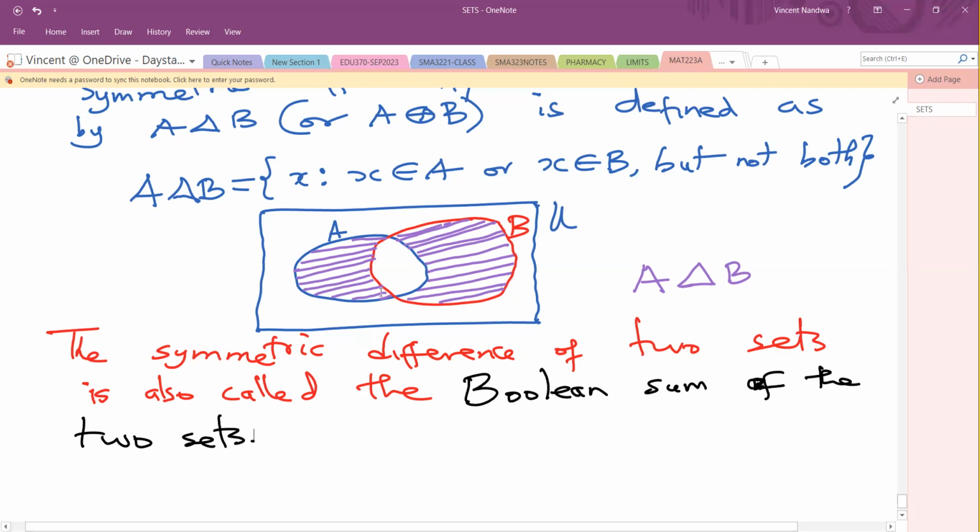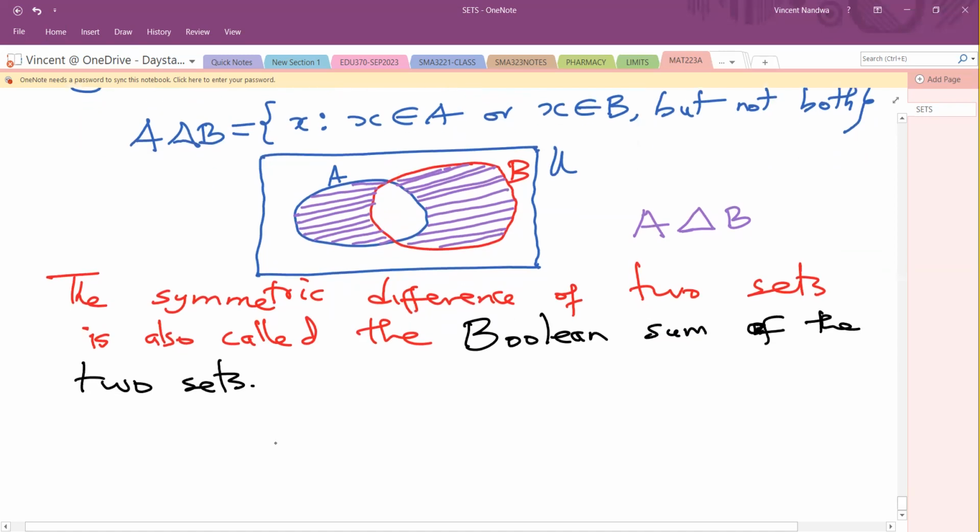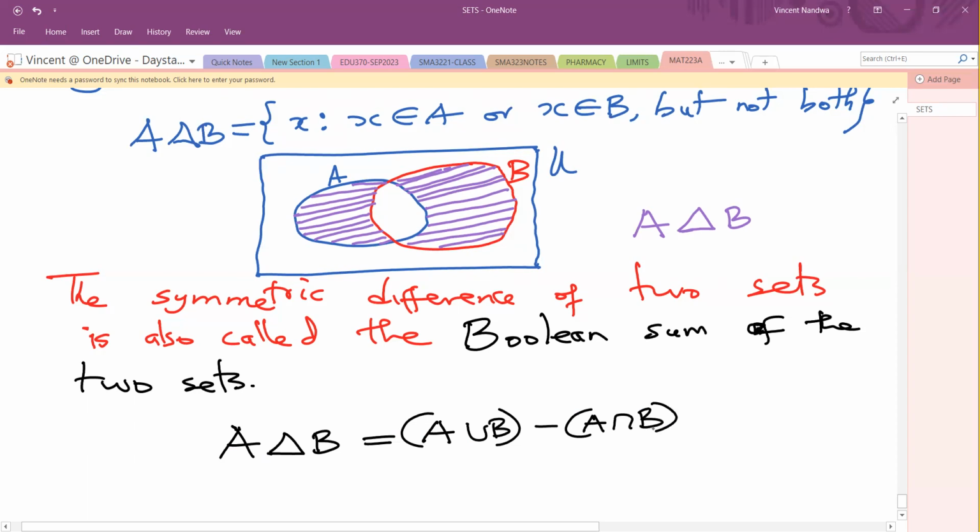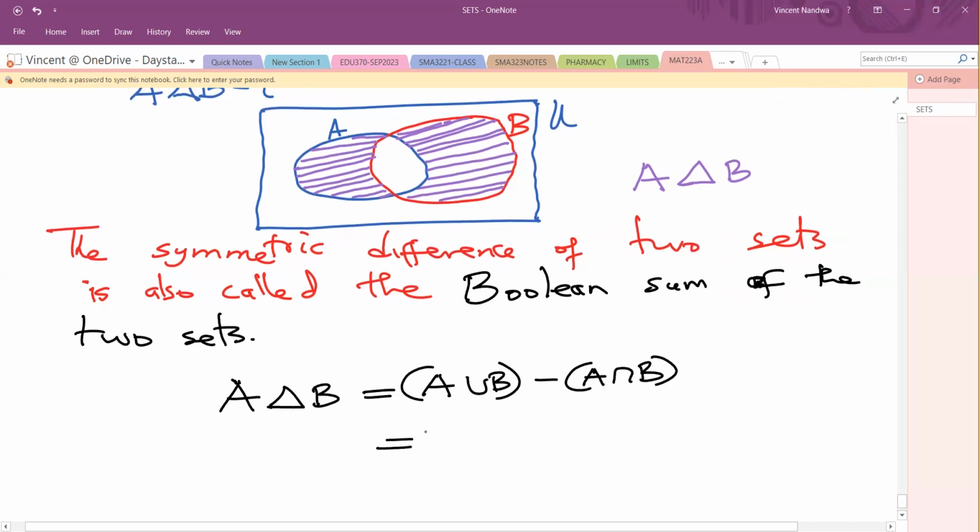In simple terms, we are simply removing the intersection. So I should say that A symmetric difference with B is nothing but A union B minus A intersect B, and also is the same thing as saying A minus B union B minus A.